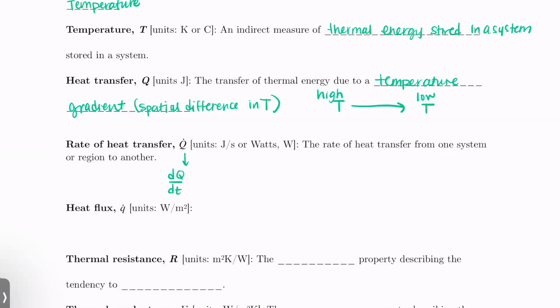This is Q dot divided by area, the rate of heat transfer per surface area.